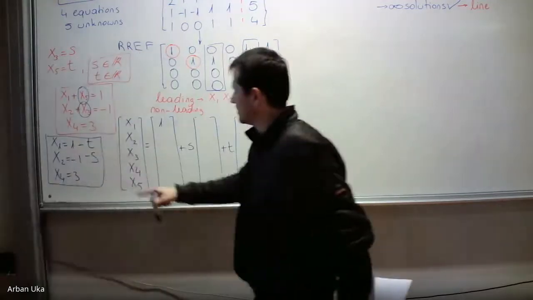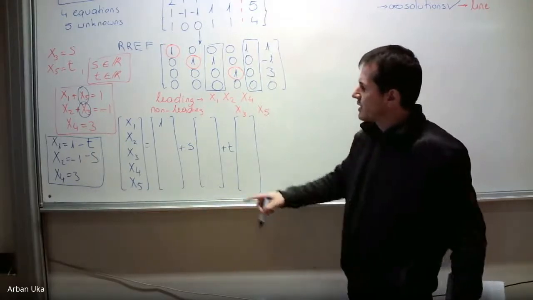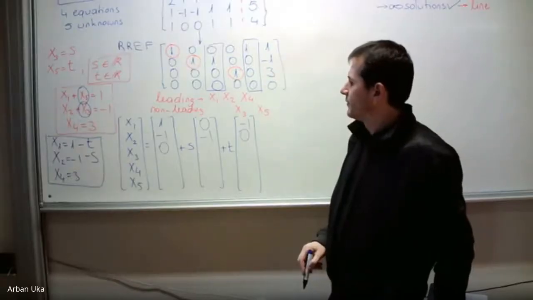It could be easier. So x1: 0, minus 1, minus 1. x2: minus 1, 0. Yes. 3, 0, 0. For x4, what's that? What about x3? 0, 0, 0, 0, 1.